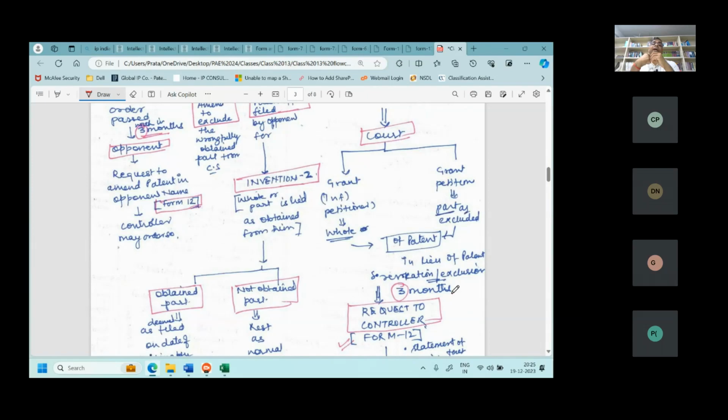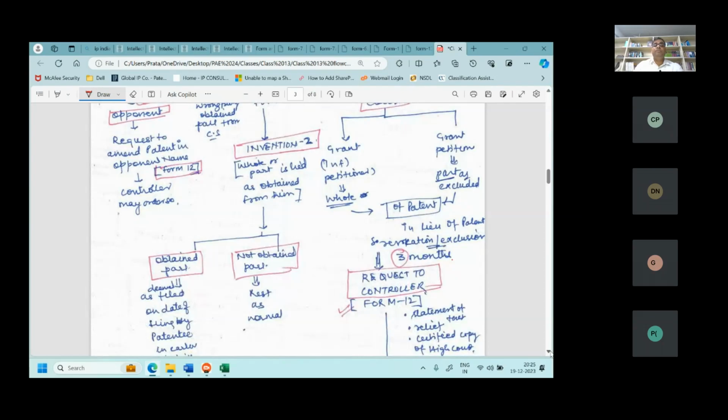Okay. So if that is the court order, within 3 months, in Form 12, you have to request the controller that this is a court order in which I am entitled to this kind of a patent.